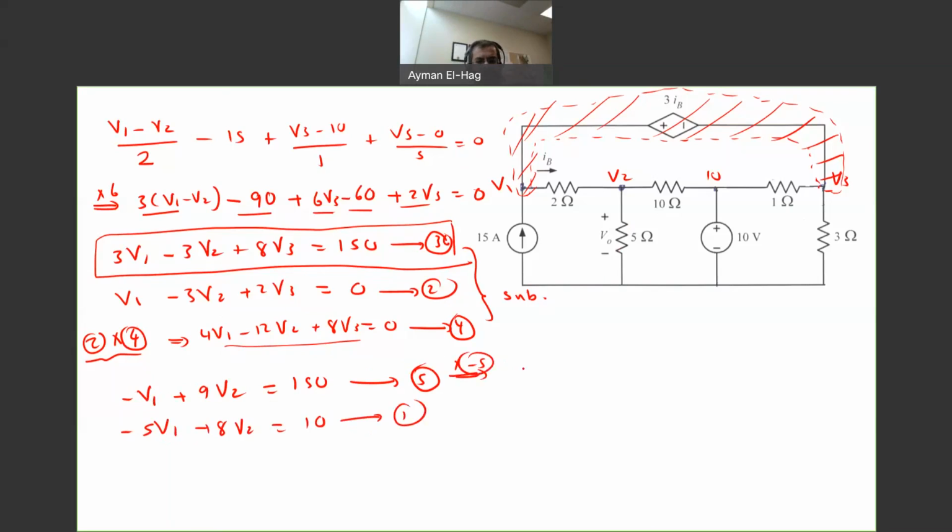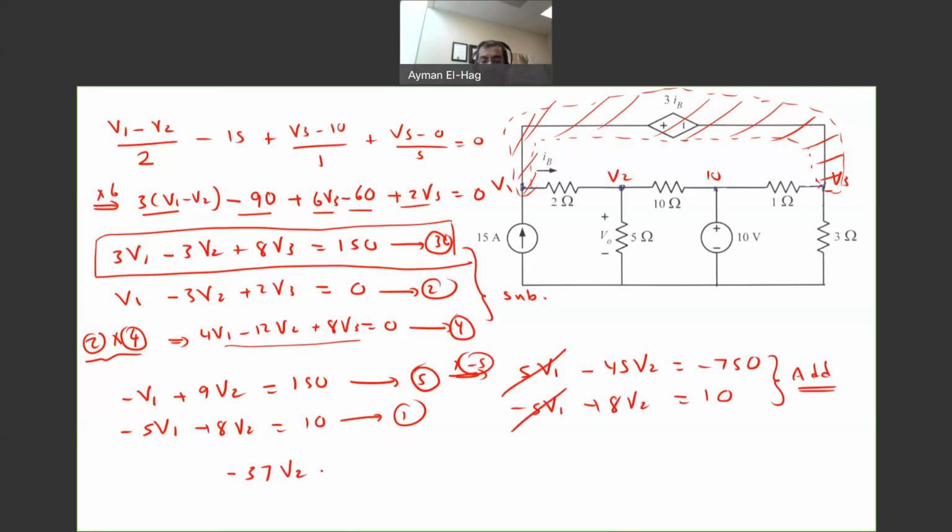So what I will have here, 5V1 minus 45V2 equal to minus 750, and I will have here minus 5V1 plus 8V2 equal to 10. So I will just add them. Okay, so this will cancel. So we'll have minus 37V2 is equal to minus 740. So your V2 is equal to minus 740 divided by minus 37, and this is equal to 20 volts.